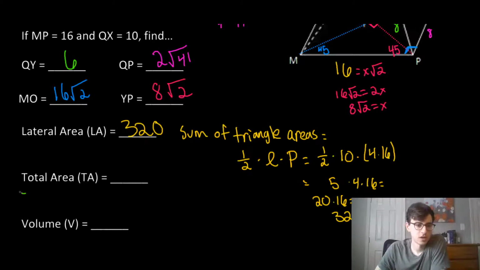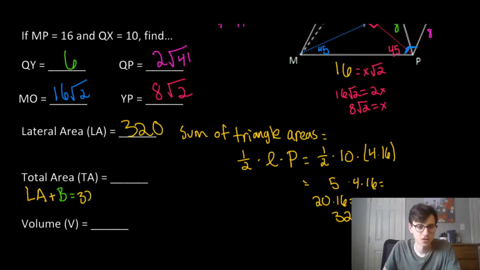Total area is lateral area plus the area of our base, which in this case is 320 plus 16 squared, which is 320 plus 256.